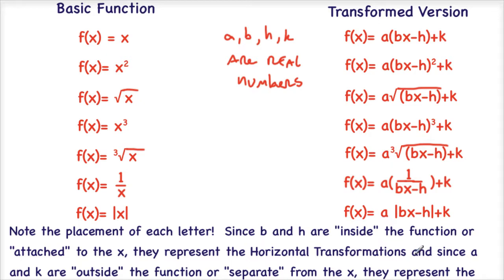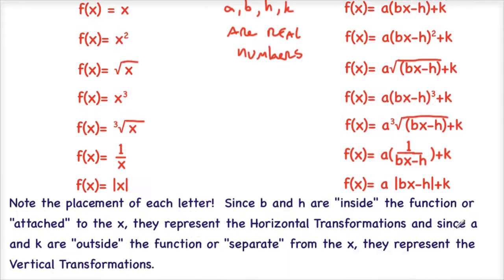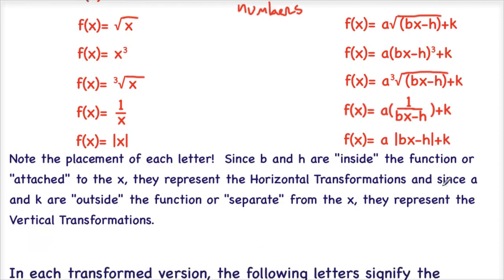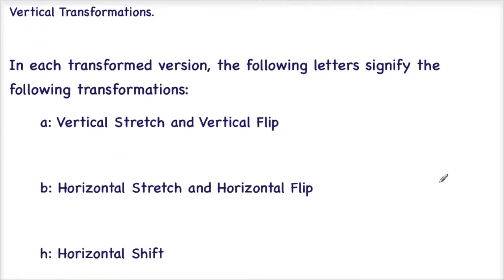So I'm going to know that they represent our vertical transformations, right? So they are going to affect how this graph moves up and down, rather than the B and H, which represent how they change left to right. So now thinking about this, the A, the B, the H, and the K, they all do different things. So let's talk about what they do.